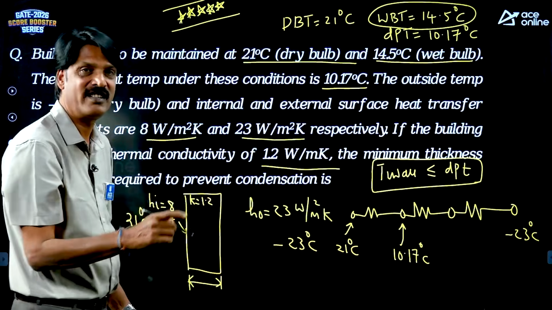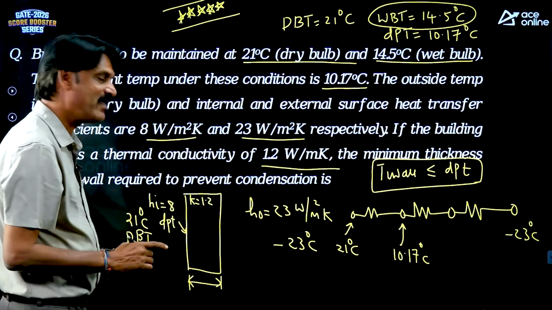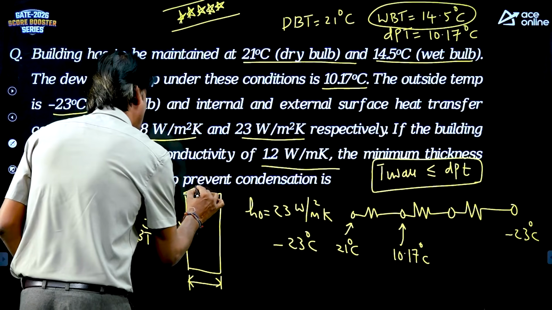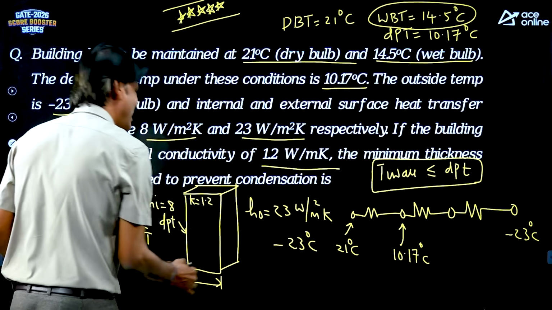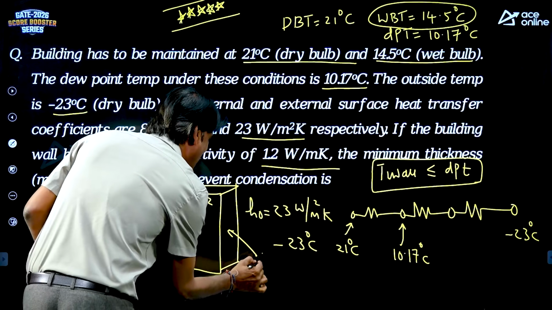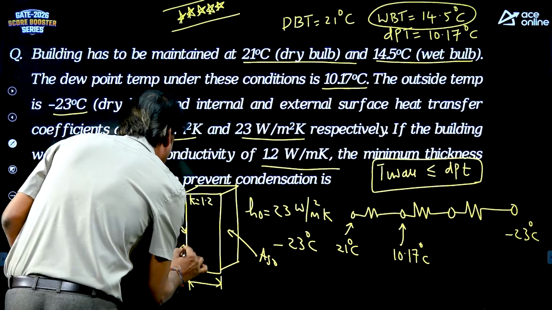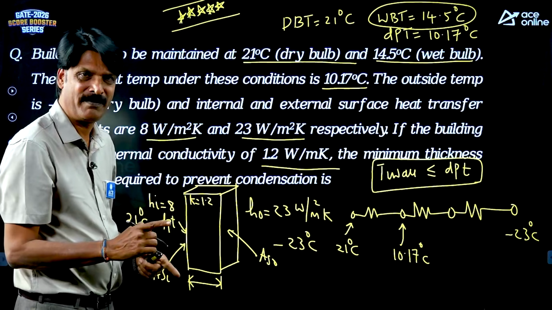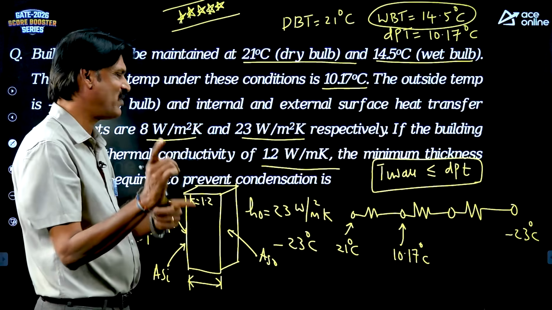I will write the resistors now. See, this is a slab. In a slab, surface area outside, surface area inside, and cross section area, all three are the same. So, I will take it as per square meter.